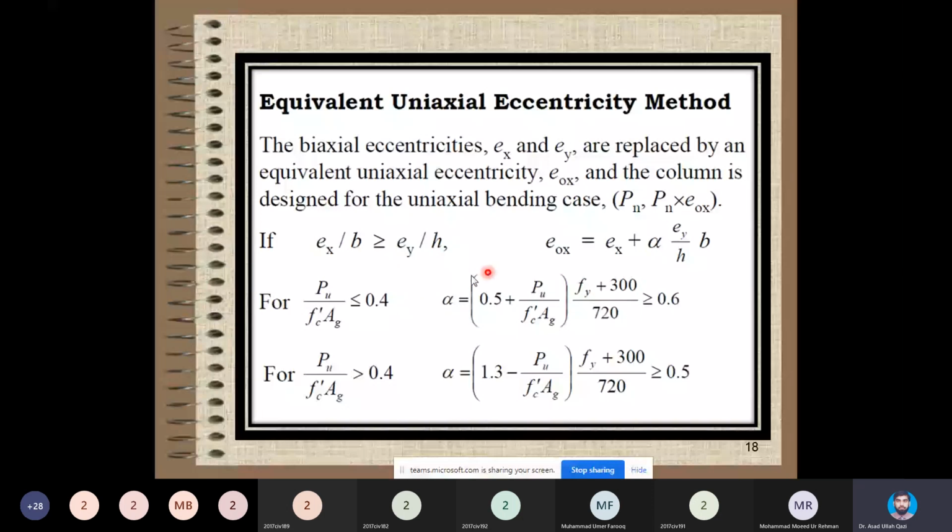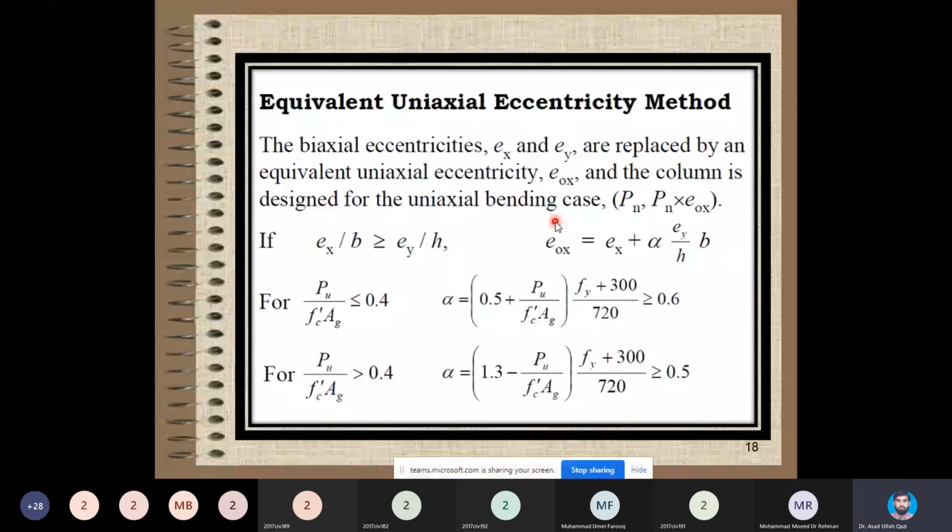So take the corresponding ratios, Ex divided by the corresponding horizontal dimension, Ey divided by the corresponding vertical dimension of the column along the y-axis. If it is stated Ex over B is greater than or at least equal to Ey over H, then this equation will help you to calculate the equivalent uniaxial eccentricity of the column.